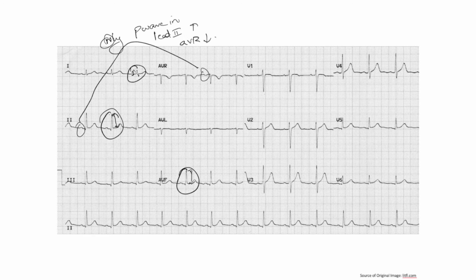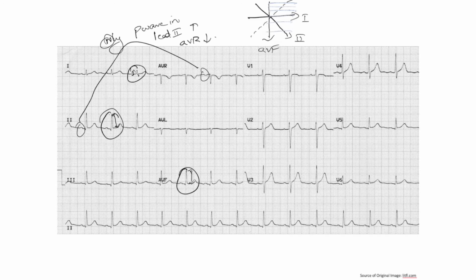So if we draw out our leads, we have lead 1, AVF, and lead 2. So 1, 2, AVF. We have our imaginary line perpendicular to lead 2, and we said that 1 is positive, so the axis is somewhere here.